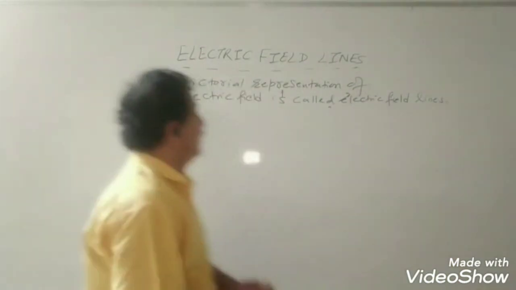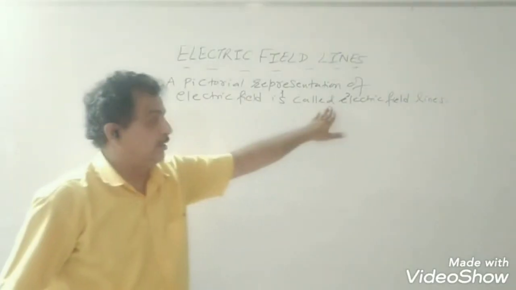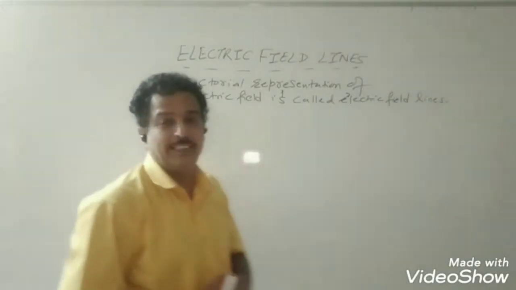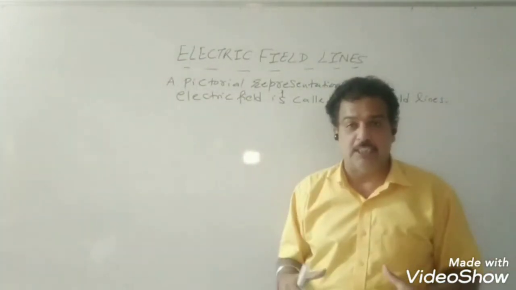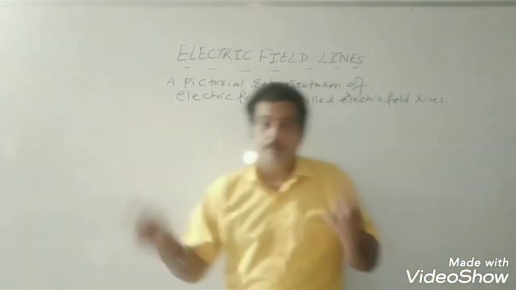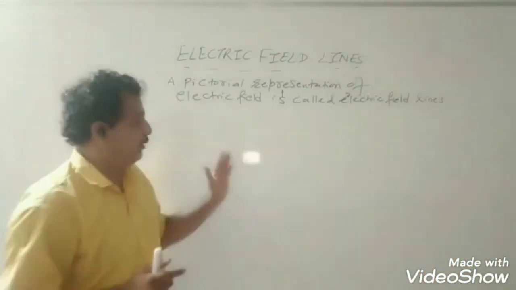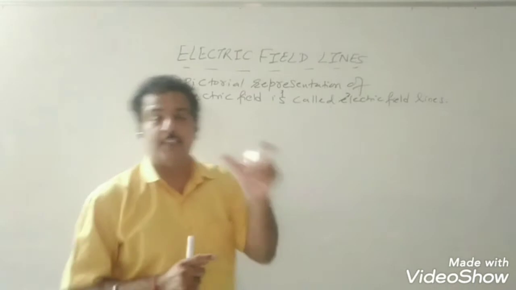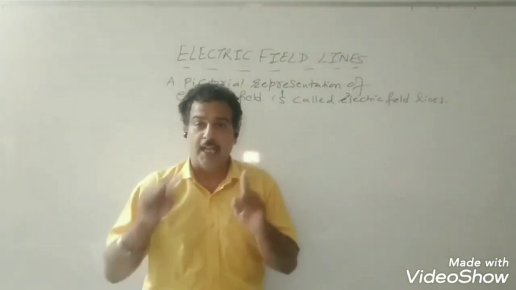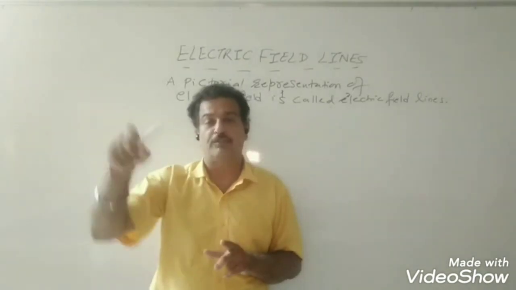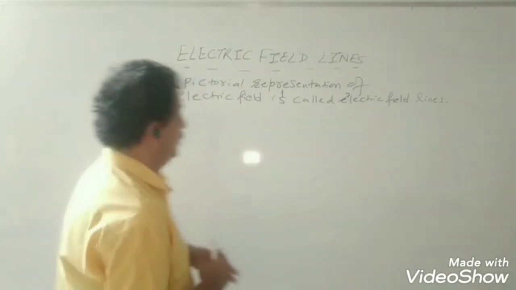First I said it is a pictorial representation. Now pictorial representation means with the help of arrows, I will understand the strength. More is the length of the arrow, more is the intensity. And as we move away, we keep on decreasing the length of the arrow, indicating the intensity is decreasing. And the head of the arrow indicates the direction of the motion of the test charge.